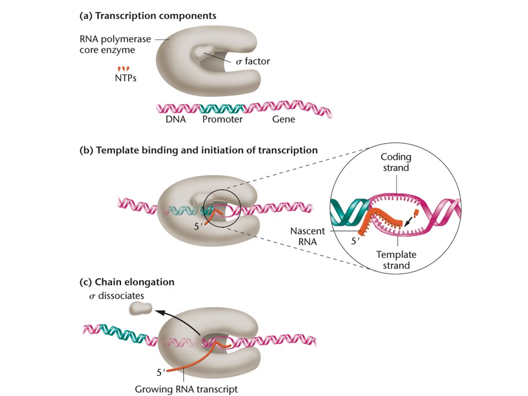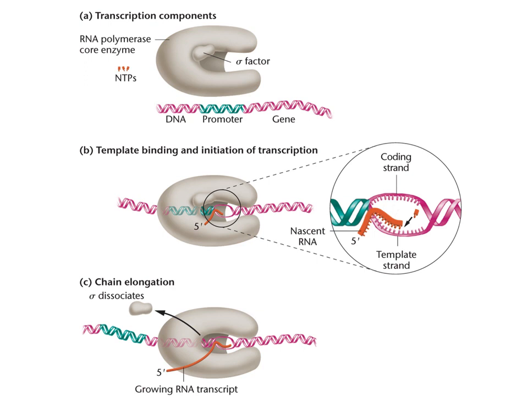So that RNA strand is complementary to the template. It is synthesized by the addition of nucleotide triphosphates to the 3' end. We make this in the very same direction that we make the DNA during DNA replication, okay? So this RNA is made in the 5' to 3' direction.